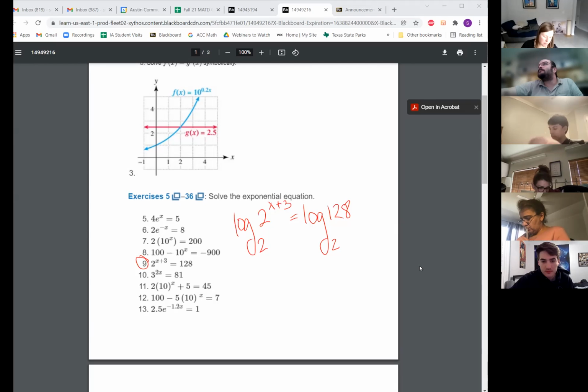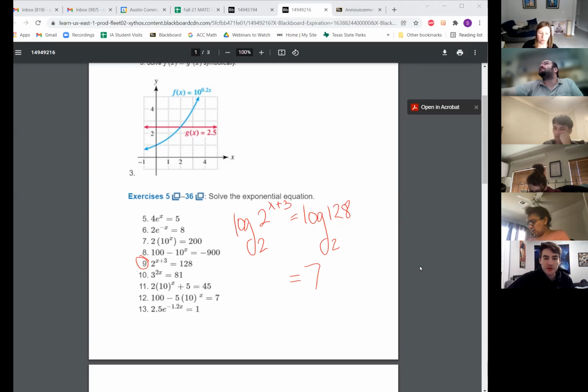Is it exactly 7 or was it a decimal? It was exactly 7. Okay. Now, I would recommend you try solving it without getting the decimals first, just in case on your test it tells you to write it as an exact answer. Just so you know.